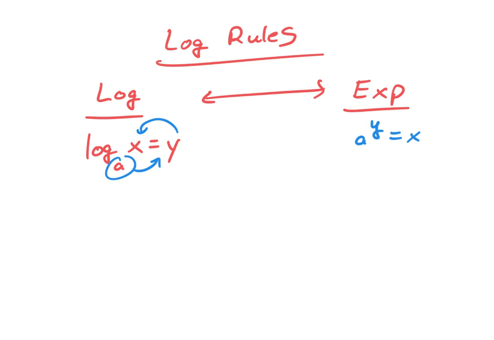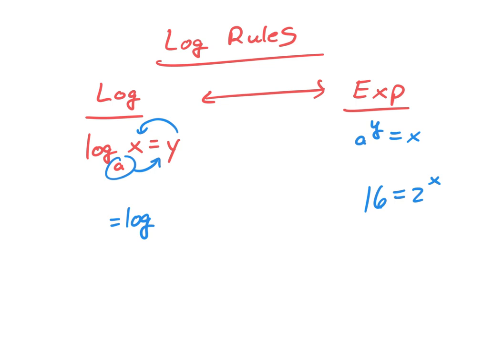If I had 16 equals 2 to the x. Oops, I put that on the wrong side. That's my fault. That would be the exponential form. When we write this one out, we're changing it to a log equation.